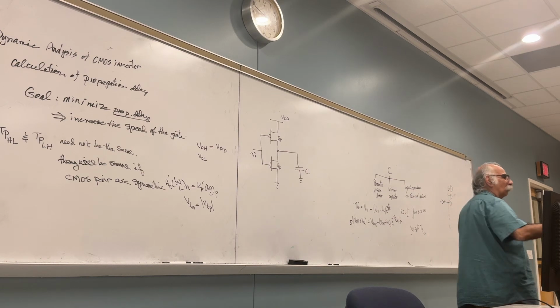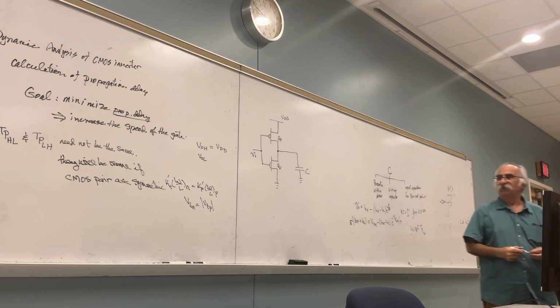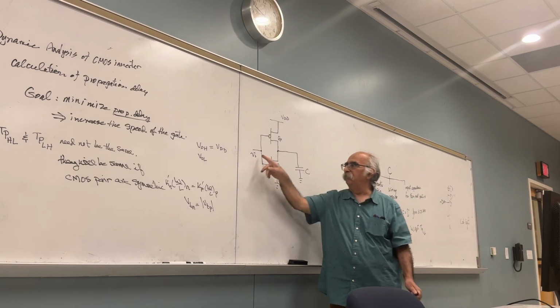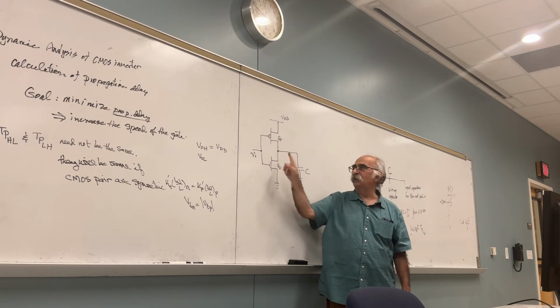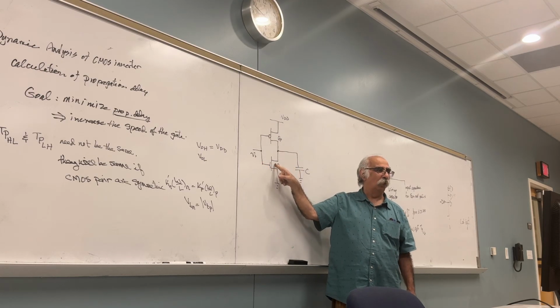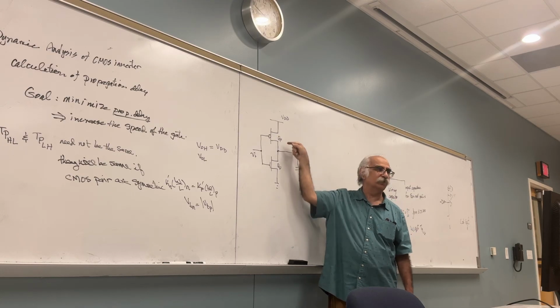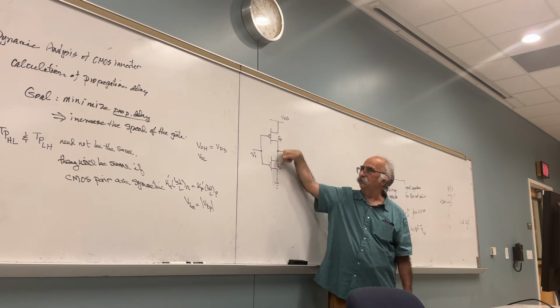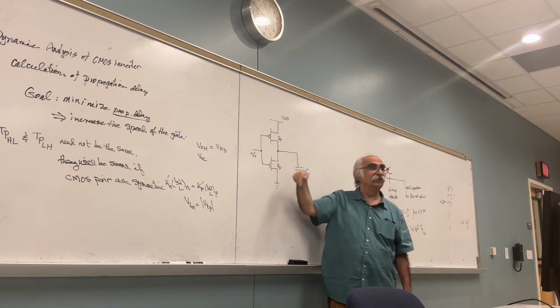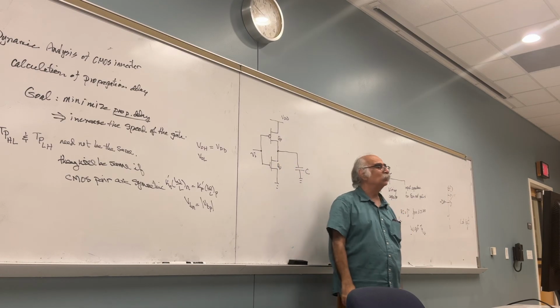Let's start first of all verbal. If Bn is high, what can you tell me about this? On. What will happen to the capacitor? Discharge through the NMOS. Did you get it or not?